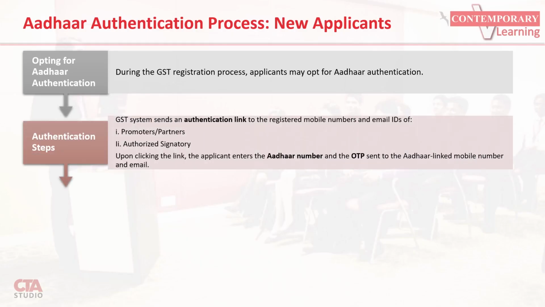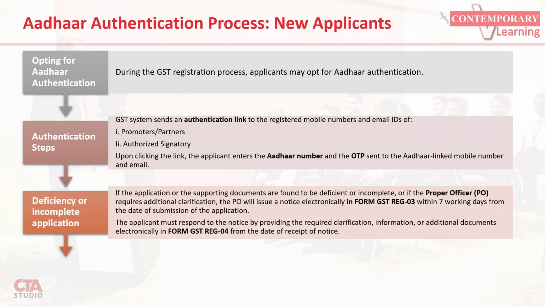The GST system sends an authentication link to the registered mobile numbers and email IDs of promoters/partners and authorized signatories. Upon clicking the link, the applicant enters the Aadhaar number and the OTP sent to the Aadhaar-linked mobile number and email.